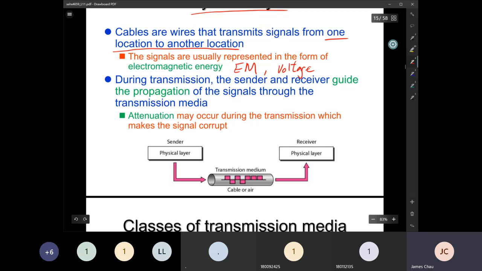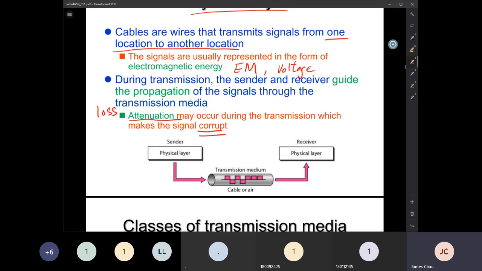Okay, and during transmission, the sender and receiver guide the propagation of the signal through the transmission media. And normally, we will find some attenuation because we get some loss during the transmission, or we have noise corruption, such that the signal received at the receiver may not be exactly the same as the original data.